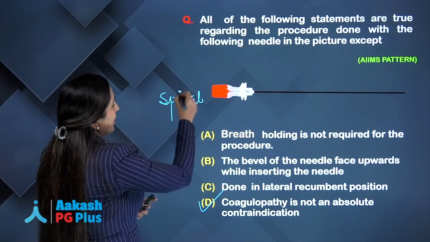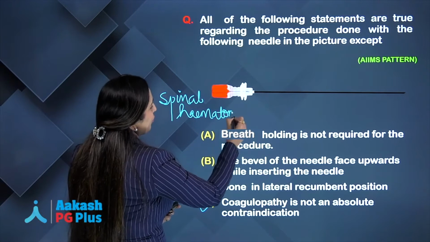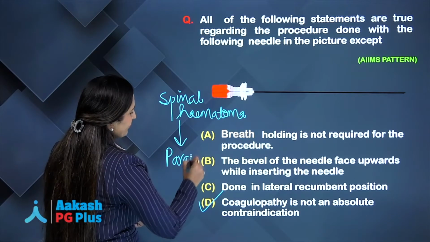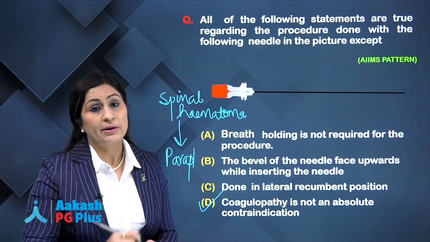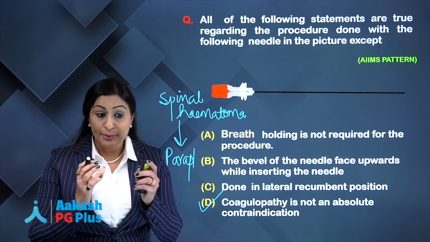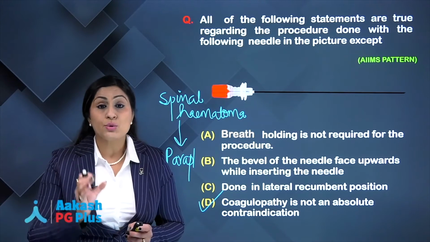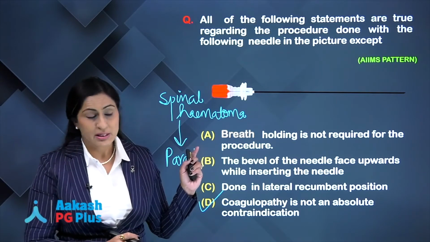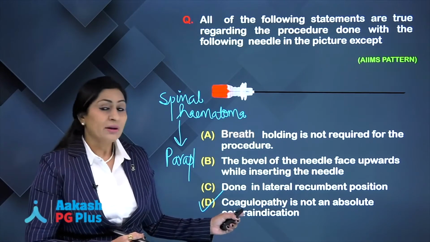Spinal hematoma can lead to paraparesis of the patient in the post-op, right? Because the blood vessels in the spinal canal can get ruptured due to the introduction of the needle, and the blood that is collected in the closed spinal space can lead to compression on the nerves, leading to paraparesis. So coagulopathy is an absolute contraindication in patients.